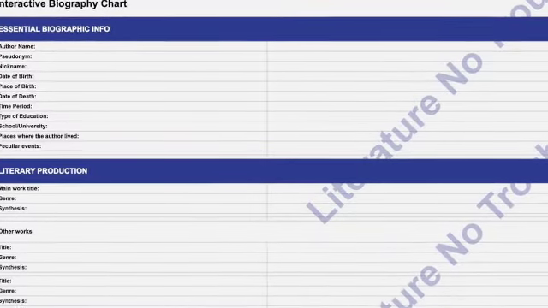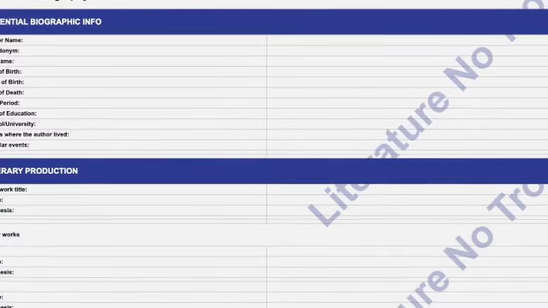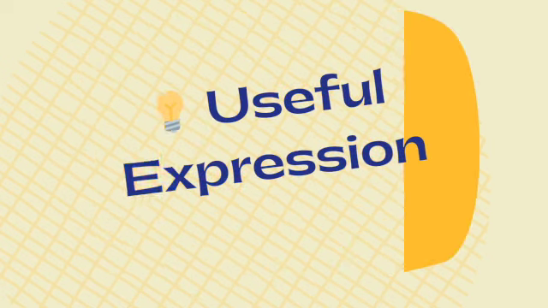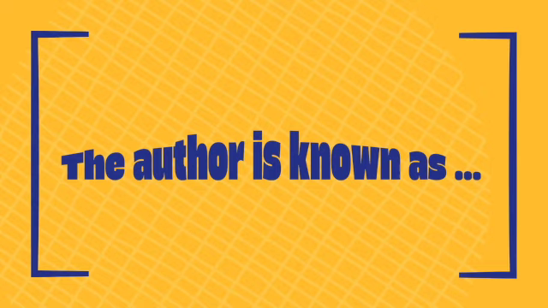One of the great features of this chart is that it makes it easier to describe key details. But there's more. L&T has provided a list of useful phrases to guide your answers. To introduce biographical details, for example, you can say, the author is known as Charles Dickens.